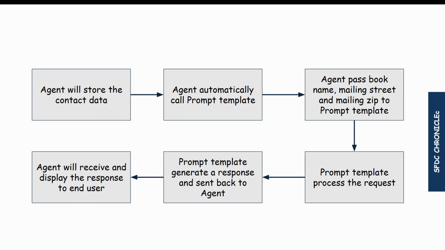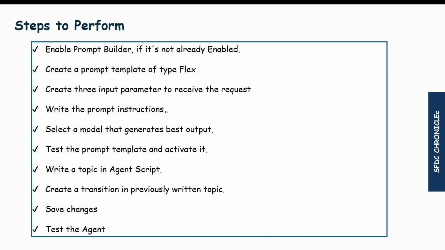Finally, the agent will display that response to the end user. The response will include the book review, a short summary about the author, and nearby bookstores based on the user's mailing address.